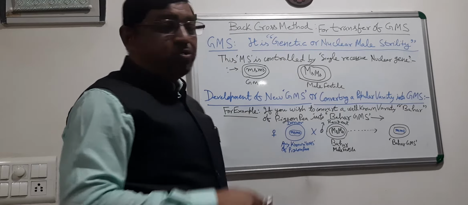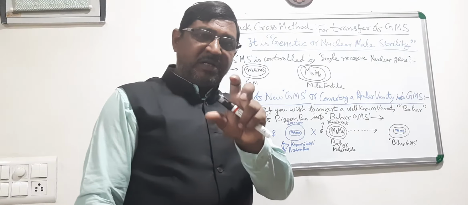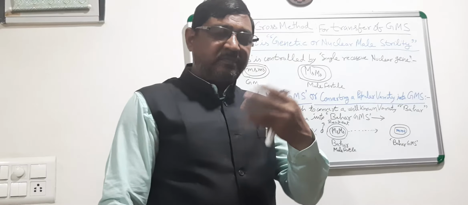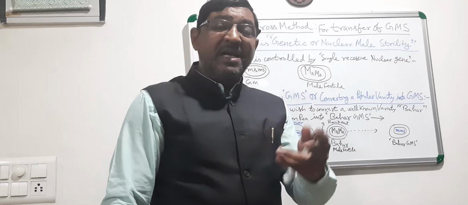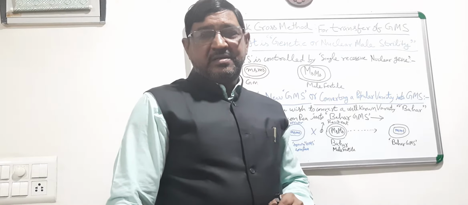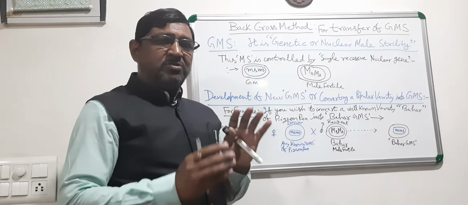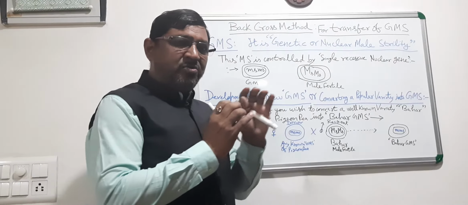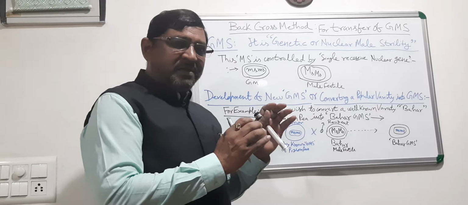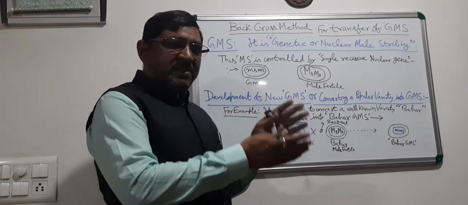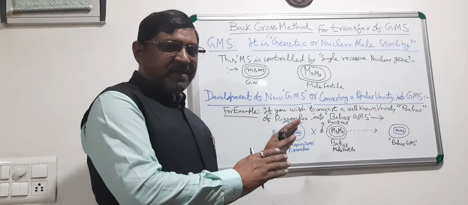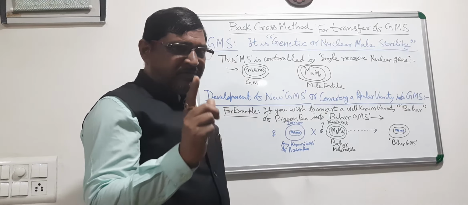So you go to that lecture and you try to see how you are going to transfer the recessive gene. The same thing you are going to apply here, with only one difference.